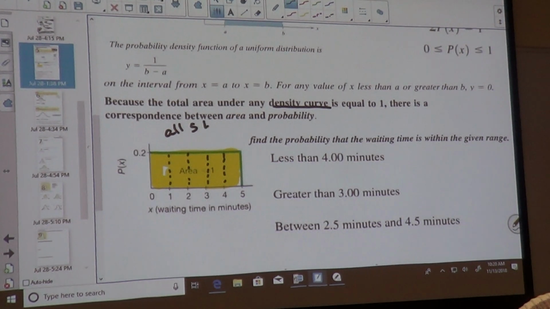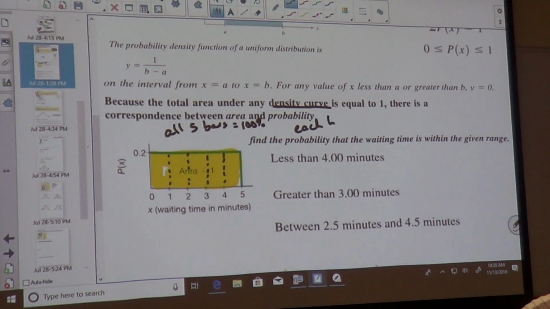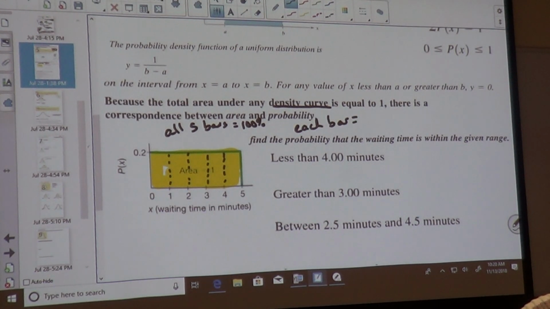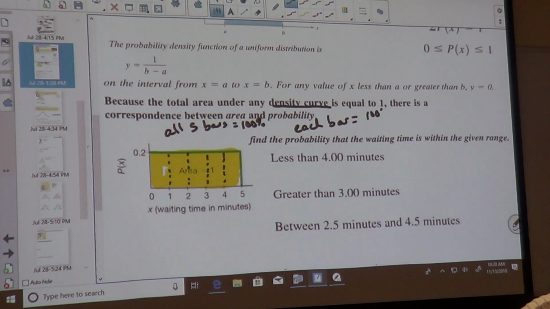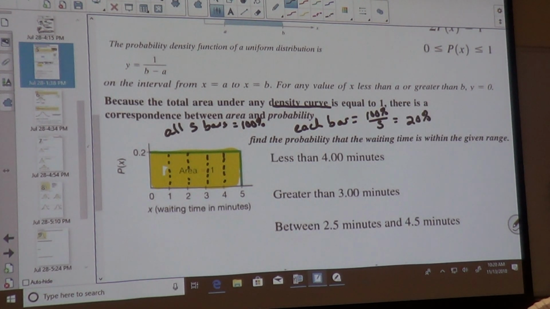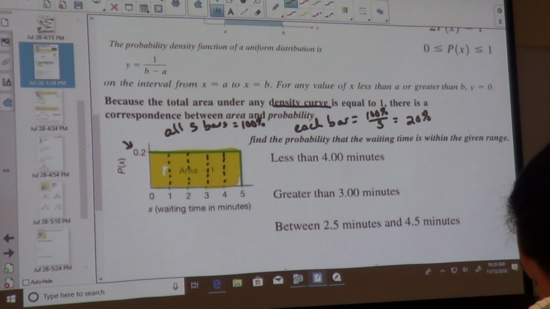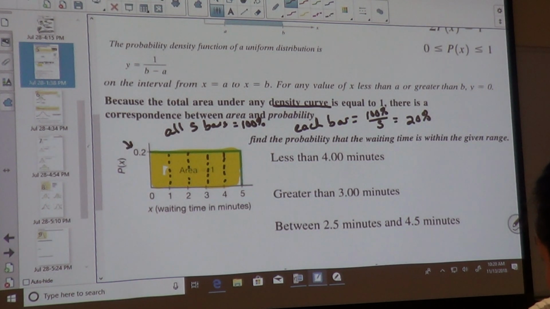So how much does each bar equal? 100% divided by 5, or 20%. That's where this came from. 0.20. That can say 20%, that can say 0.20, or that can say 1/5. Those are all the same thing.